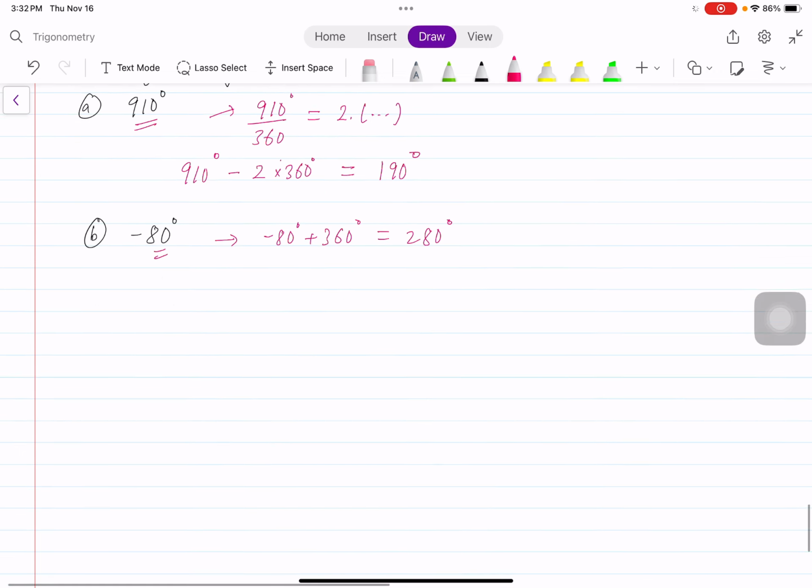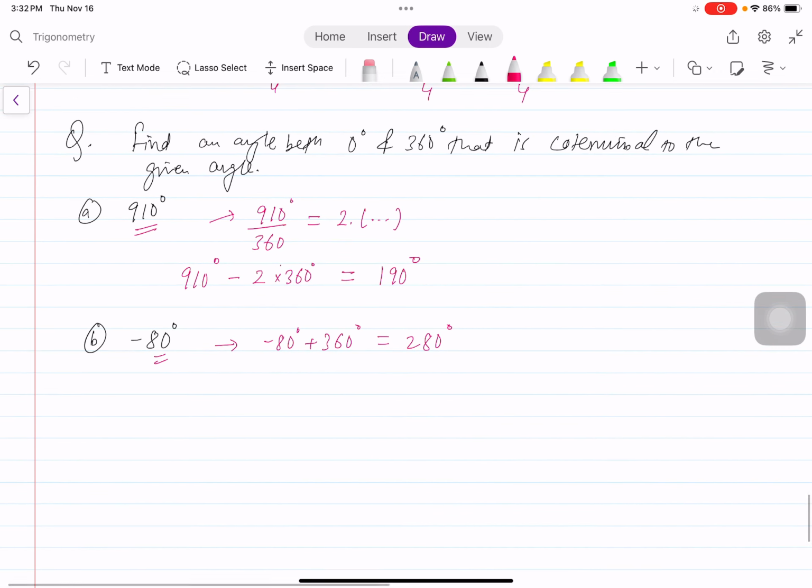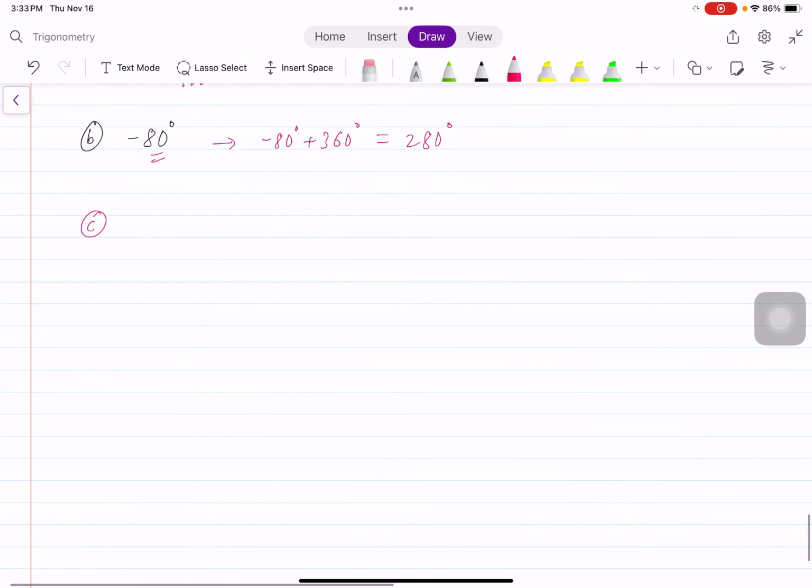Say I change the instruction by writing here 0 and 2 pi. Let's find a coterminal angle that lies between 0 and 2 pi, which I will call number C: 17 pi over 6. So basically we are finding how many complete rotations, meaning how many 2 pi's, are inside there.